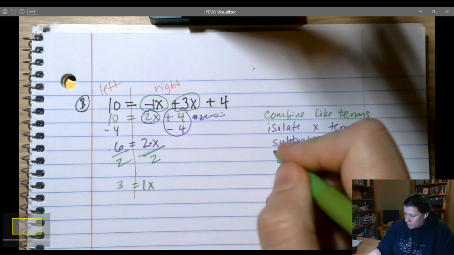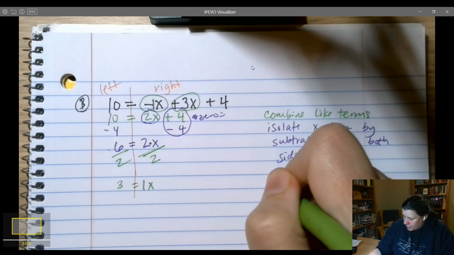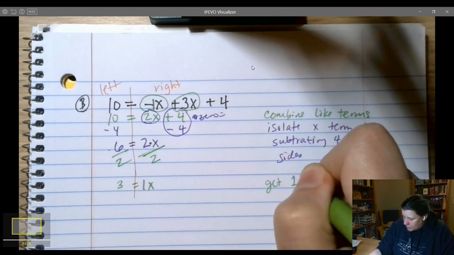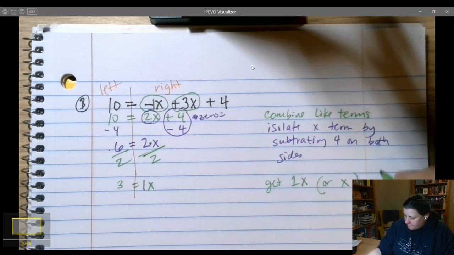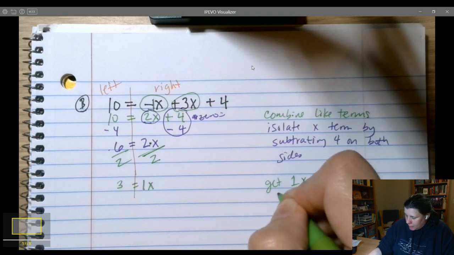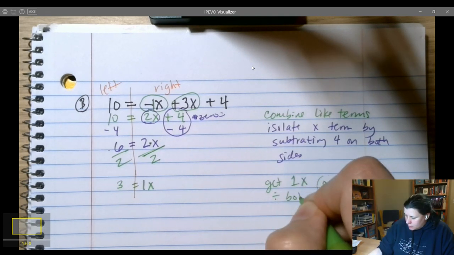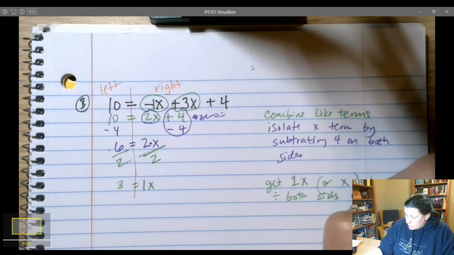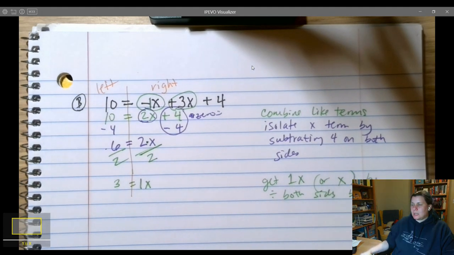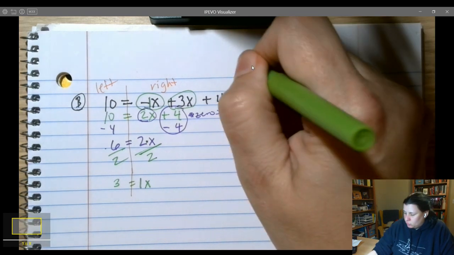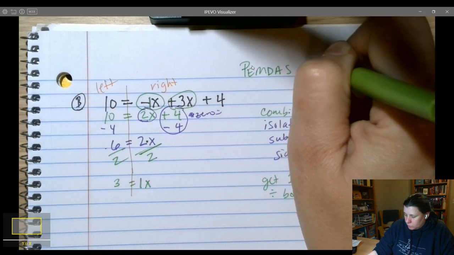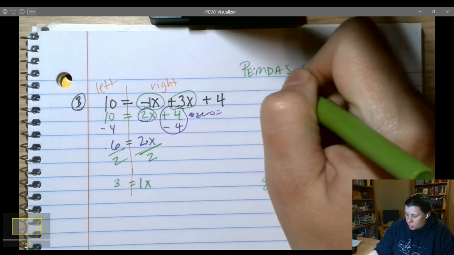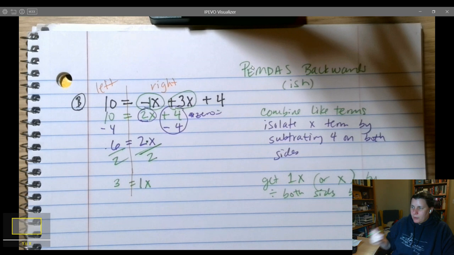So 3 equals x. So I get 1x, or just x, by dividing both sides by 2. This is essentially PEMDAS backwards. Ish. But if you ever get stuck, you can think about that it's PEMDAS backwards.